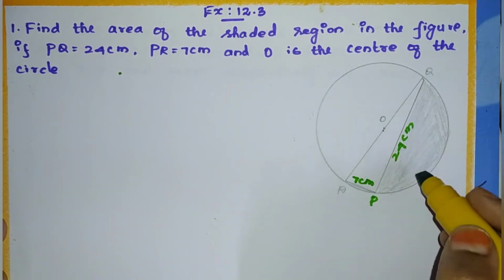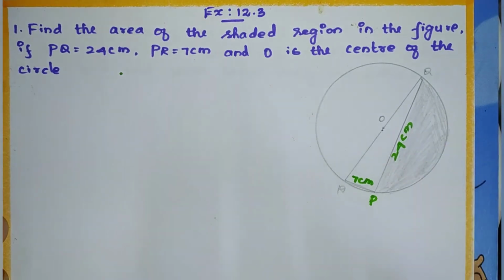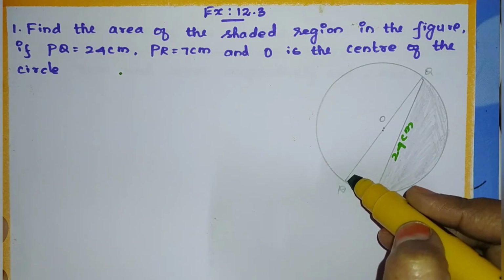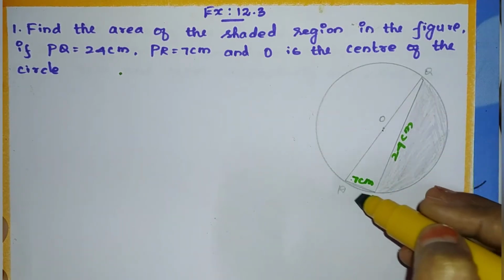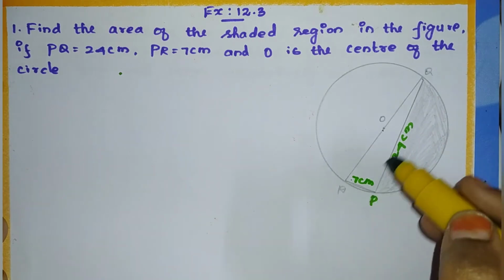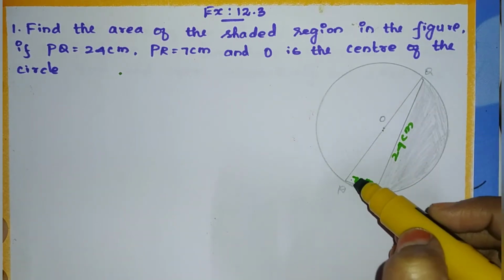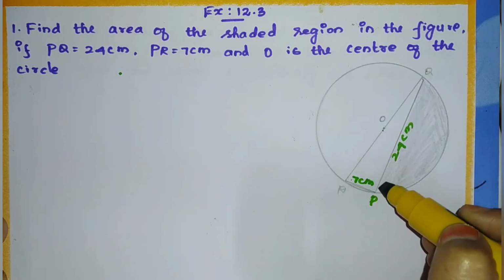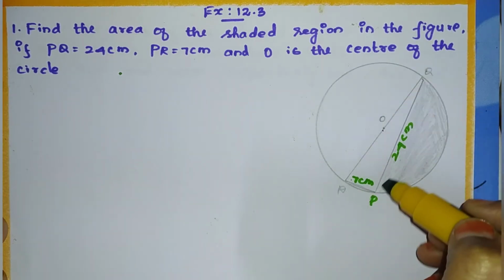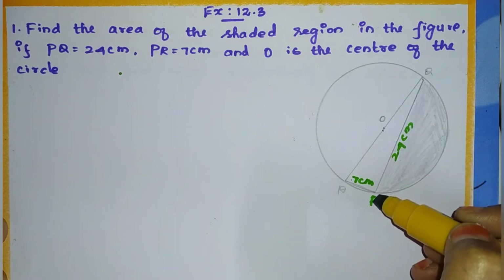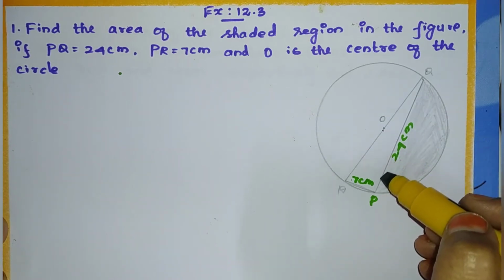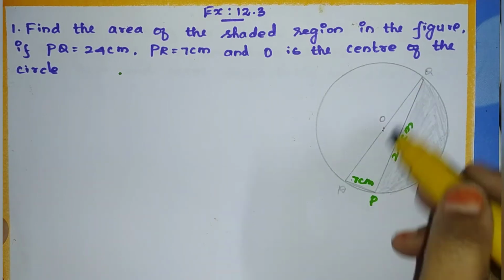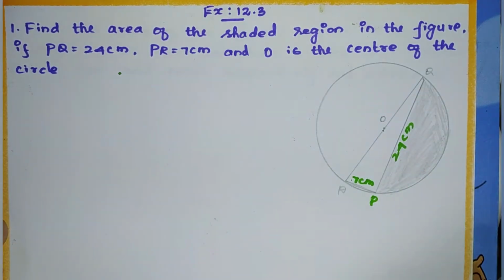How we can find the shaded region? It is easy only. So this is a diameter of a circle. So this portion will be a semicircle, no? So in this semicircle, if we prove that this is a right-angled triangle, then we can subtract the area of a semicircle minus area of right-angled triangle.